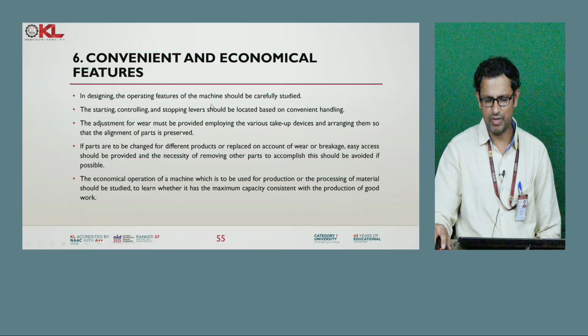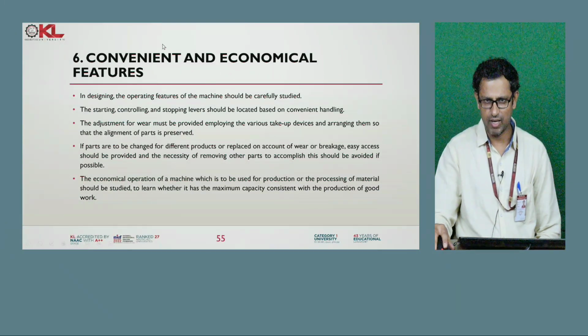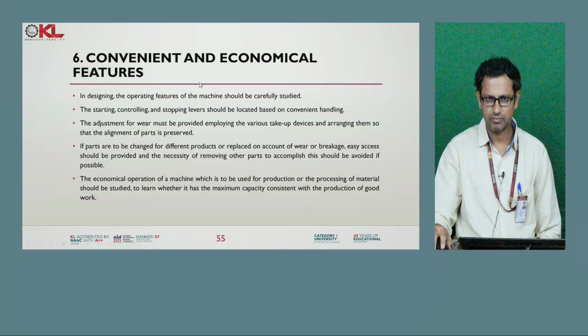Because for example, if I am designing a product or assembly which is very difficult to assemble, so while doing the designing I have to consider DFMAE. That means design for manufacturing, assembly and environment, DFMAE. All those parameters I have to consider while designing a product.